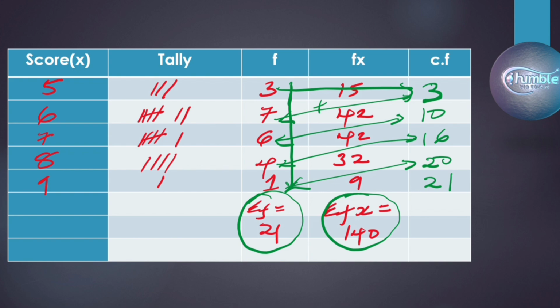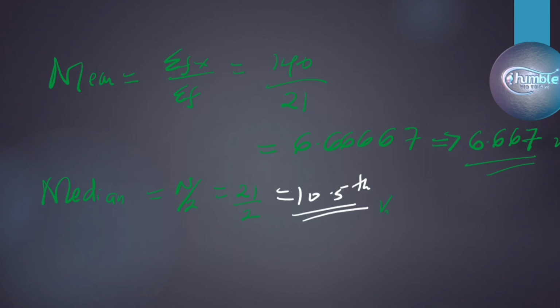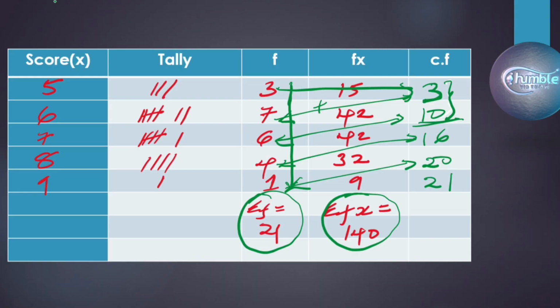10.5 position. So here, the first two we have just reached. On the first two, you are only able to manage to reach the first 10 position. Then where is the 10.5th position? That will be within 16.